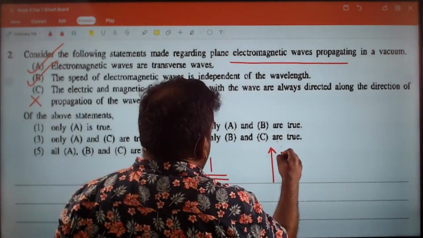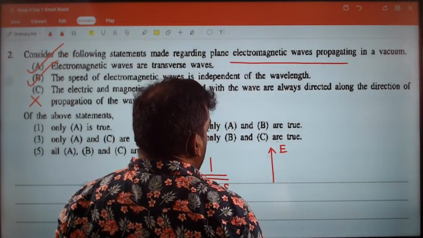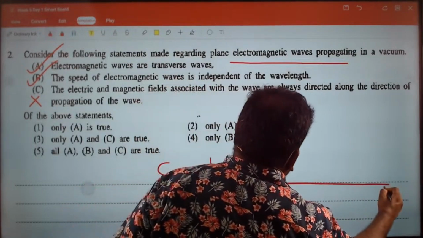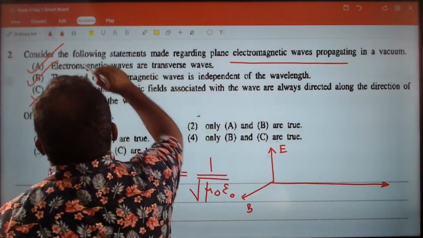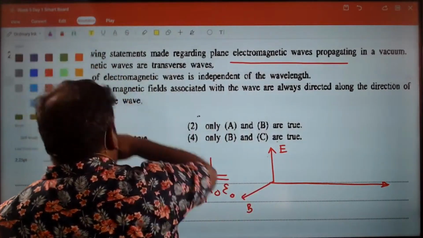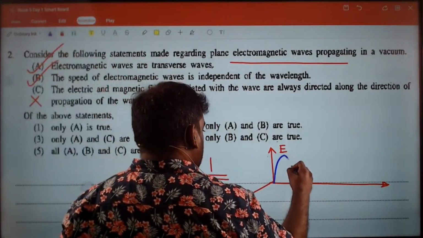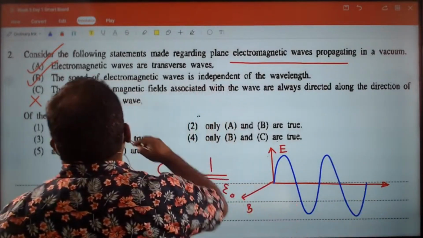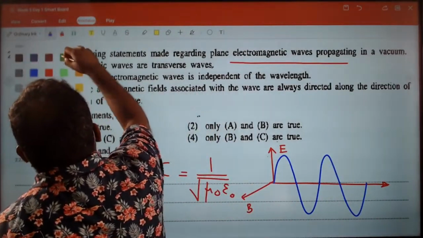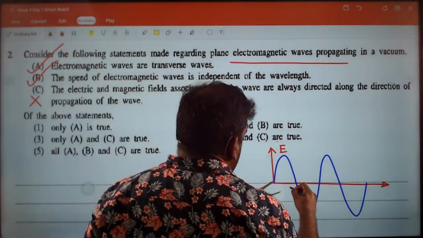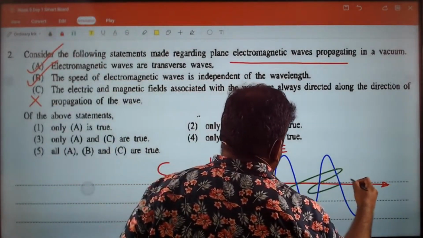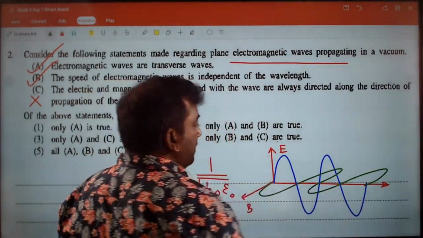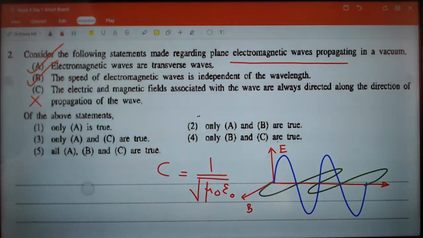So here you have, let's say, the electric field. Here you have the magnetic field. Here you have the propagation. So if I draw this separately, the electric field will vibrate perpendicularly, and the magnetic field will vibrate perpendicularly to the direction of propagation of the wave.